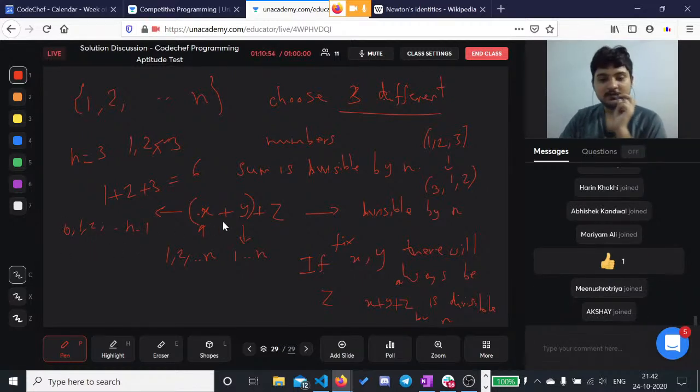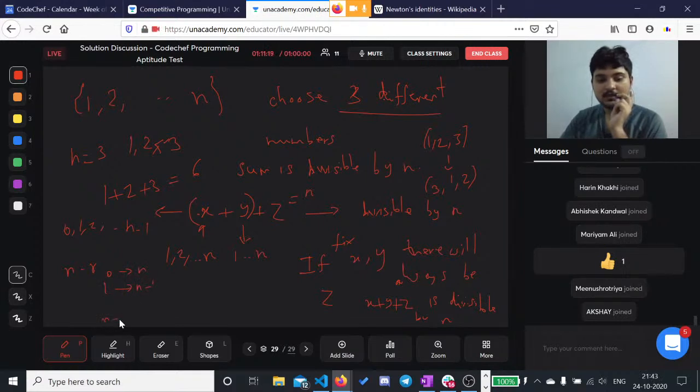So whatever the remainder r when x plus y is divided by n, you can just choose n minus r. So if x plus y is divisible by n, then you can choose z equal to n. Okay, if the remainder is 1, then you can choose z equal to n minus 1, and so on.